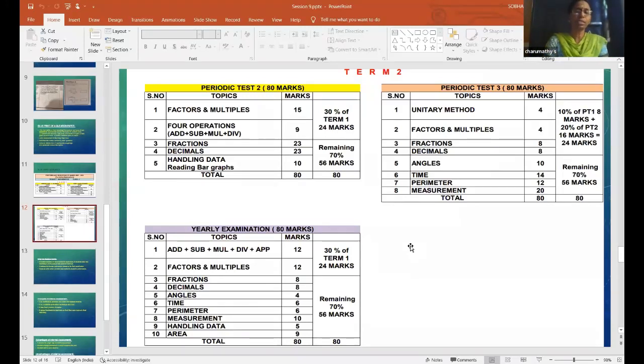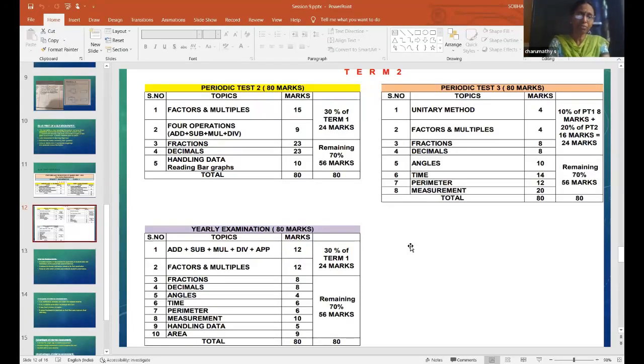In this 70%, we have so many topics: fractions, decimals, angles, time, measurement, handling data, and area. For each topic there is a weightage. Fractions was already done in periodic test 2, and again in periodic test 3.